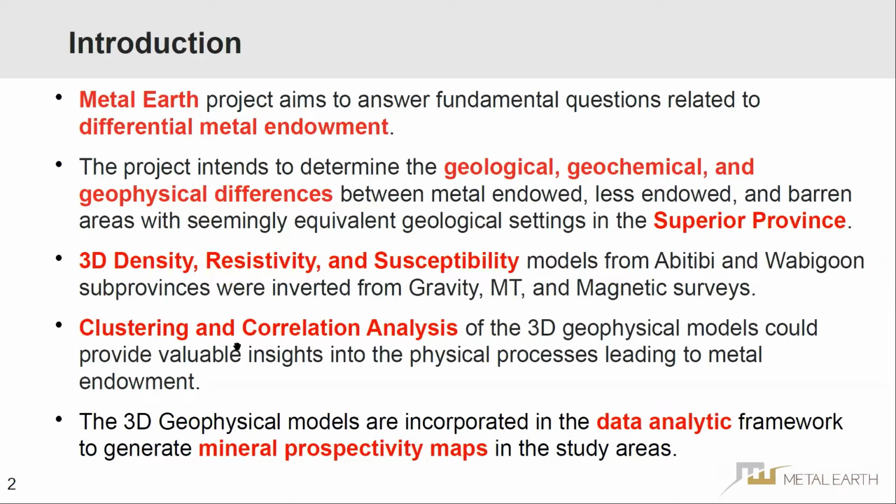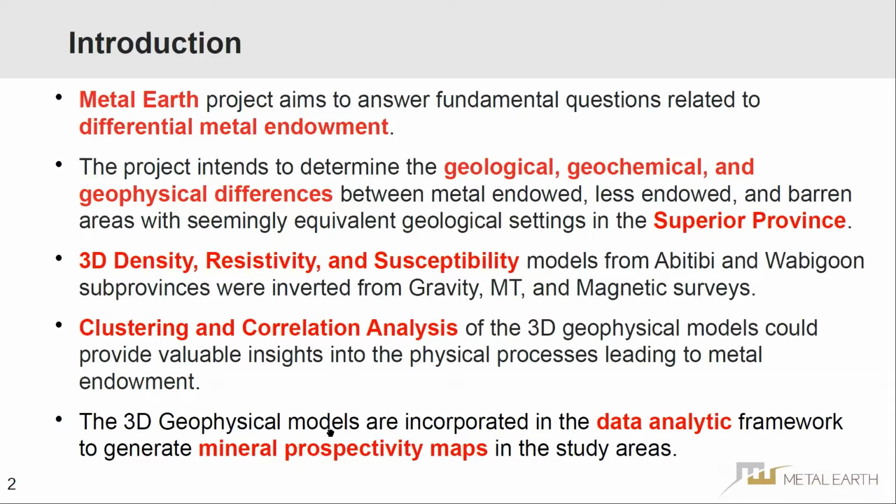So what we did here is some clustering and correlation analysis of 3D geophysical models. This requires some data pre-processing, making sure everything comes on the grid, which I'll go through and explain how this is all done. And again, we are hoping that this can give us insights into physical processes leading to metal endowment.